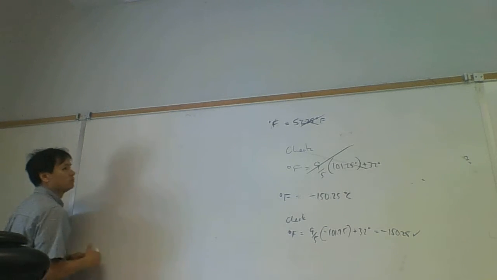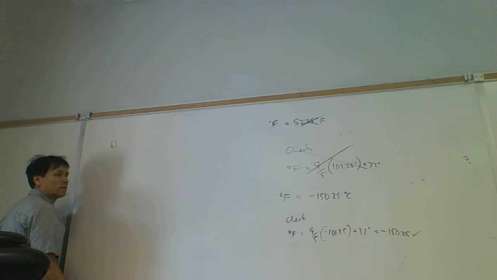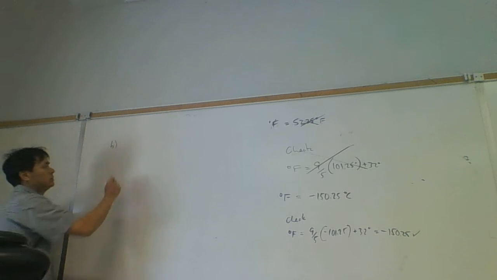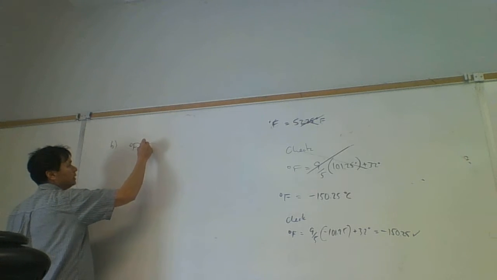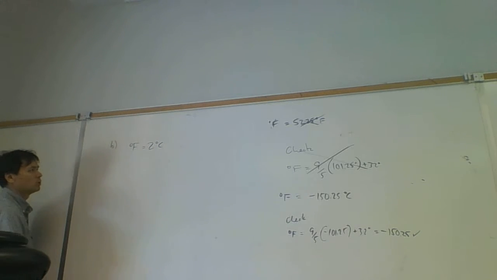And so to do this one, we set up one equation. What's the equation we'll set up based on that sentence there? The Fahrenheit thermometer will be twice the Celsius thermometer reading. Fahrenheit equals 2 times degrees Celsius. And so that's one equation. What's the other equation?